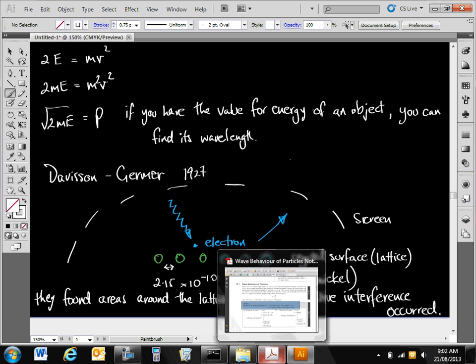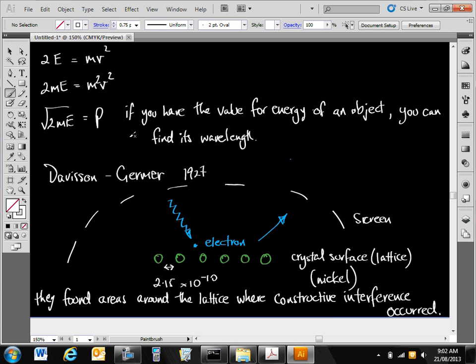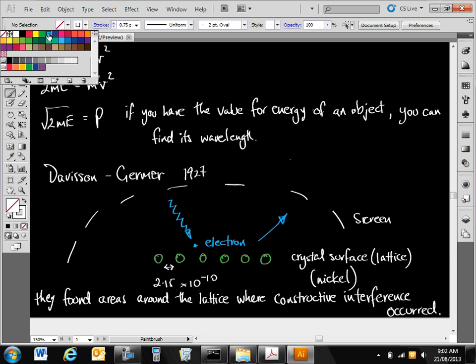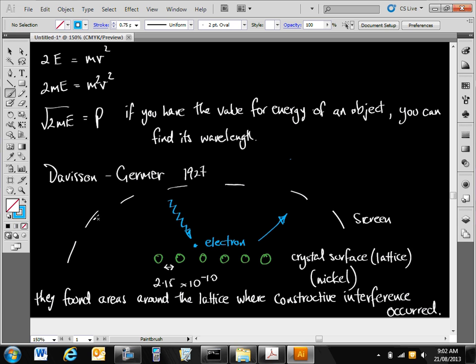Okay, so these screens were showing very visually that the electrons would cause the phosphorus to light up. So we'd have these bright bands. Bright bands tended to show at a very specific angle, and that was 50 degrees to the normal.